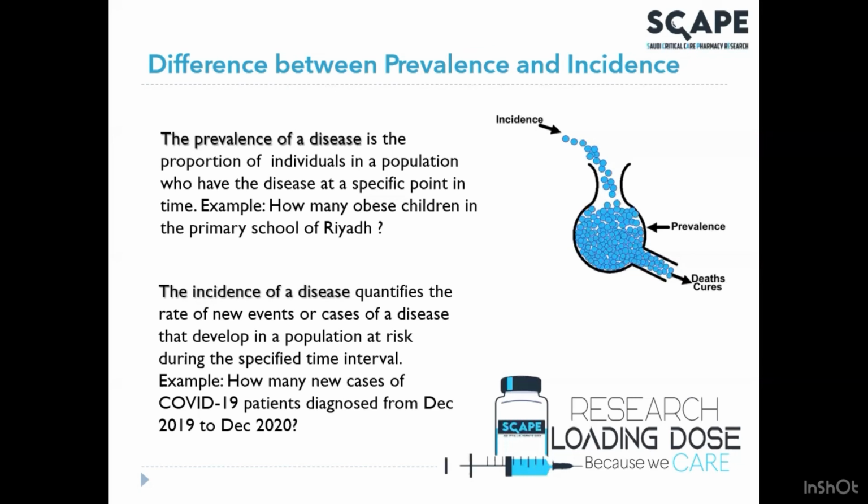Notice here that incidence is usually bound to a specific time period, and it takes only the new cases divided by the population at risk. Now, which study design can help us to estimate the prevalence and which can help us to estimate the incidence? That's what we will see in the next coming slides.